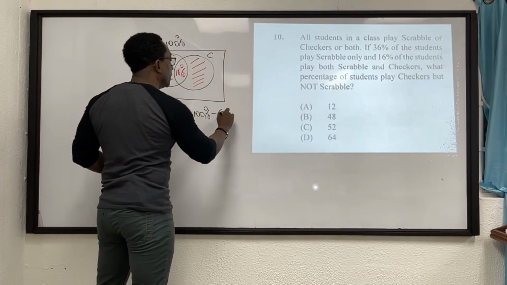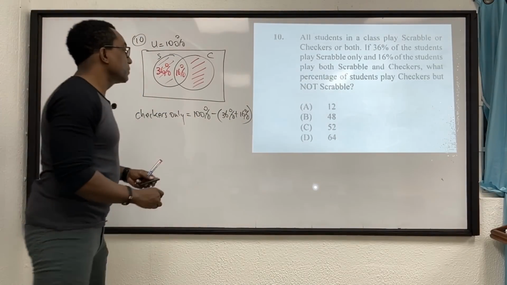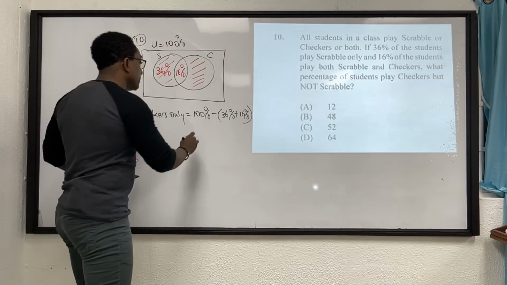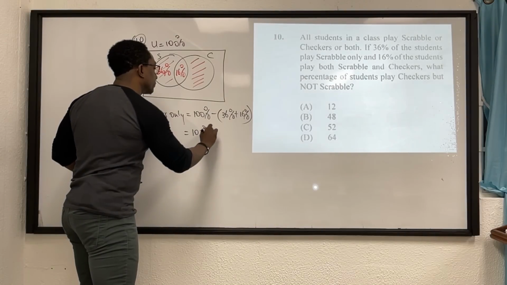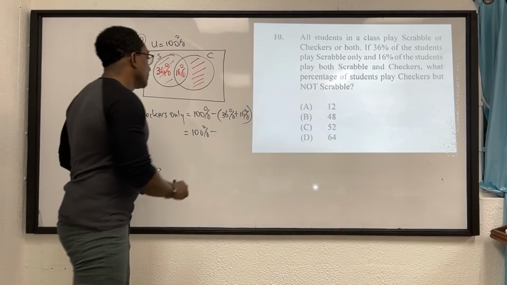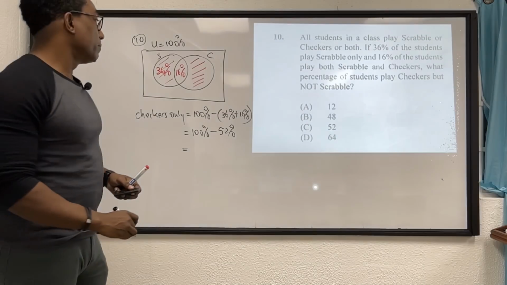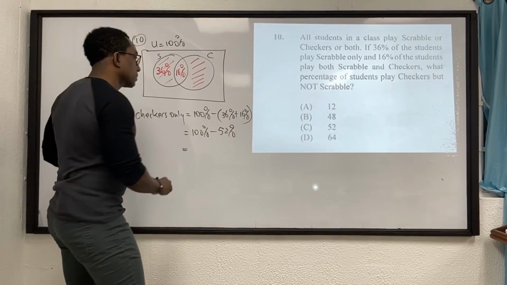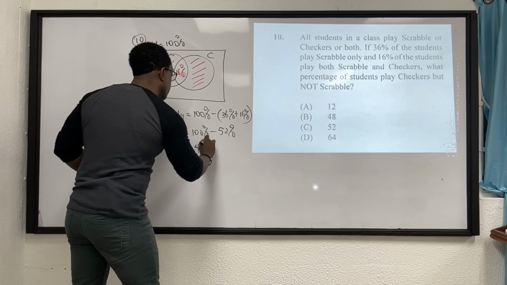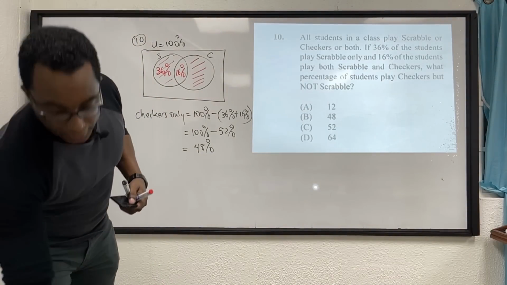So this will be 36% plus 16% from 100%. 36 plus 16 will give us 52%, and 52% from 100 will give us 48%. So the answer for question 10 will be B.